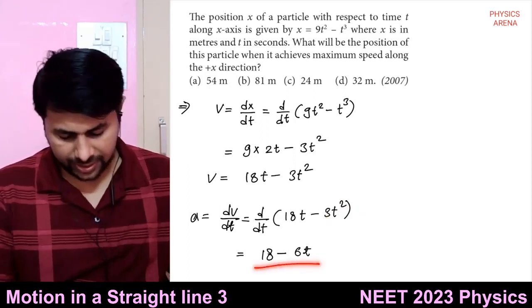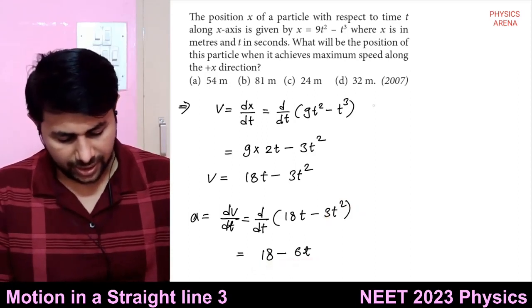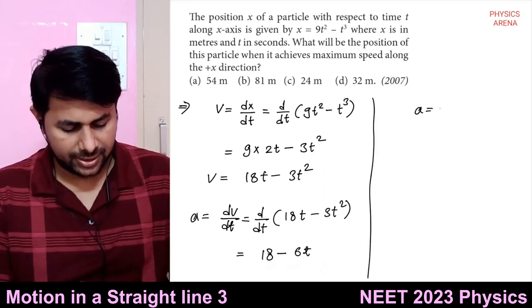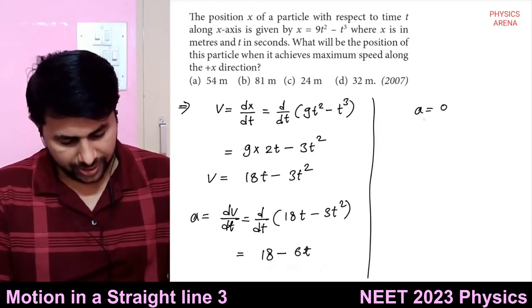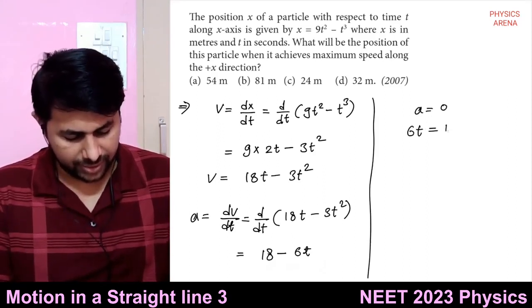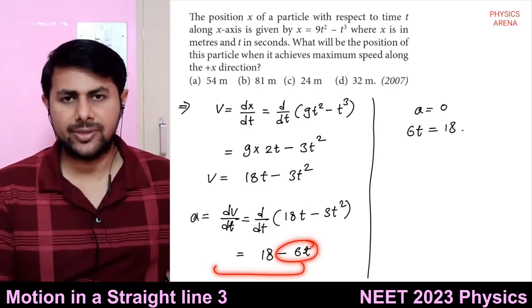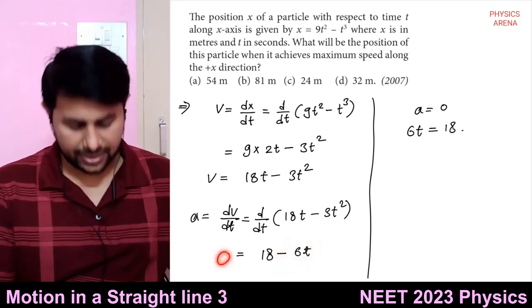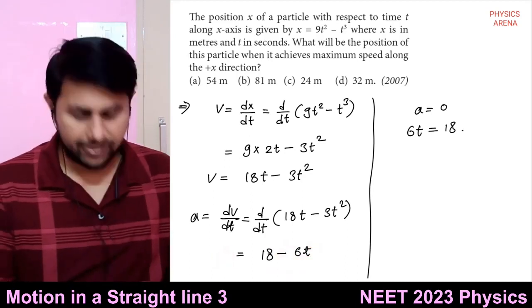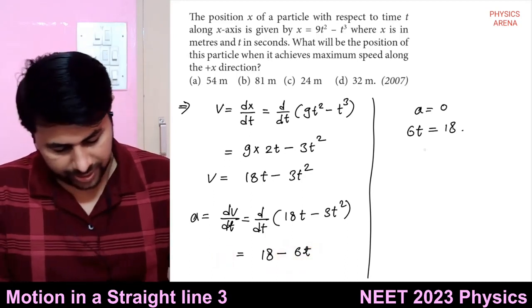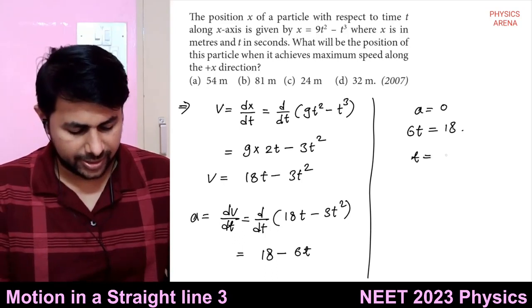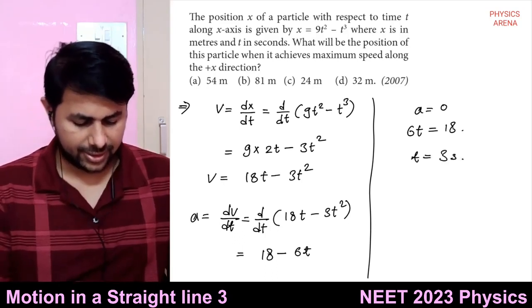So 18 minus 6t is your acceleration. And the acceleration is equal to 0. That means 6 times t is equal to 18. So t is equal to 18 divided by 6, so it is 3 seconds.